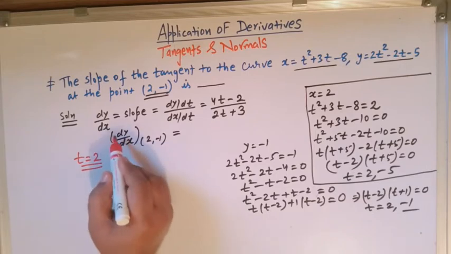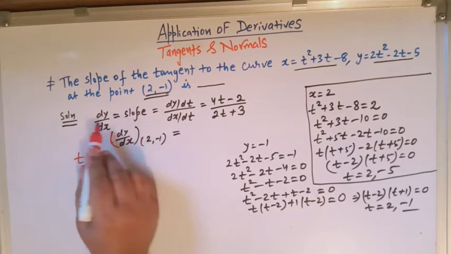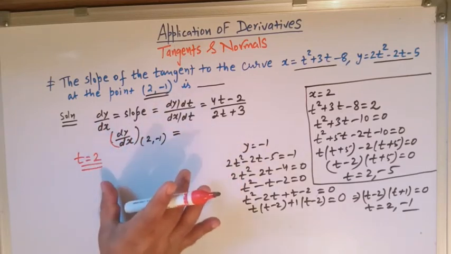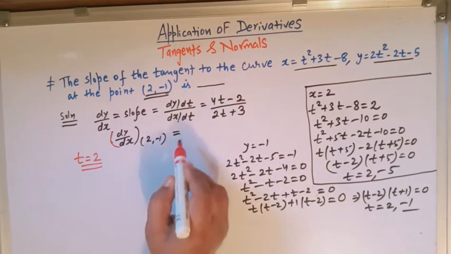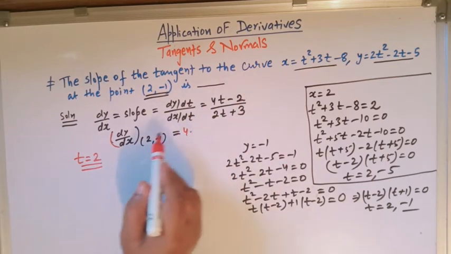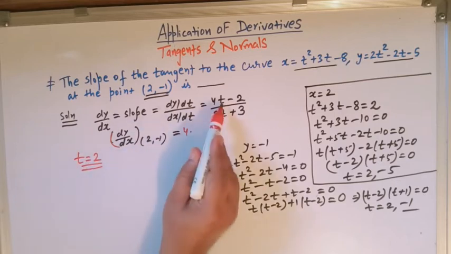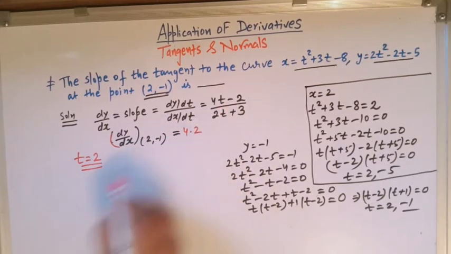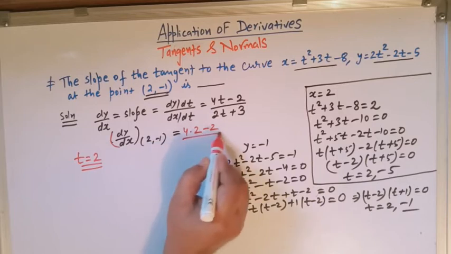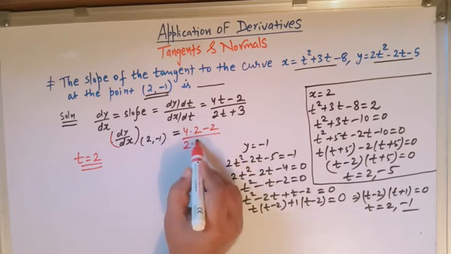So therefore the slope of the tangent to this curve is given by 4 times the value of t, which is 2, minus 2, divided by 2 times 2 plus 3.